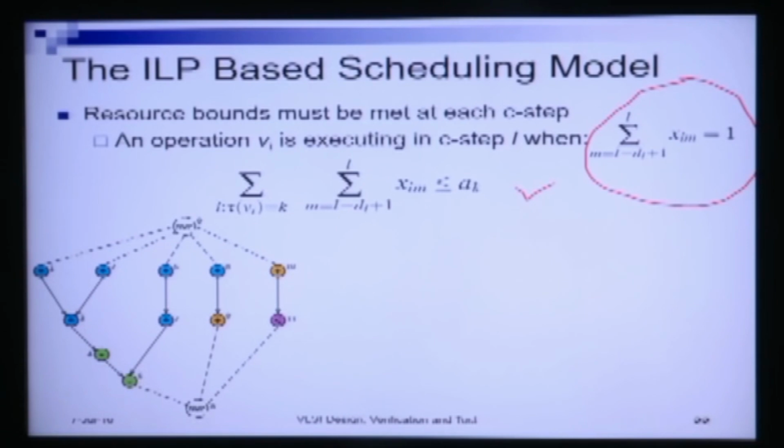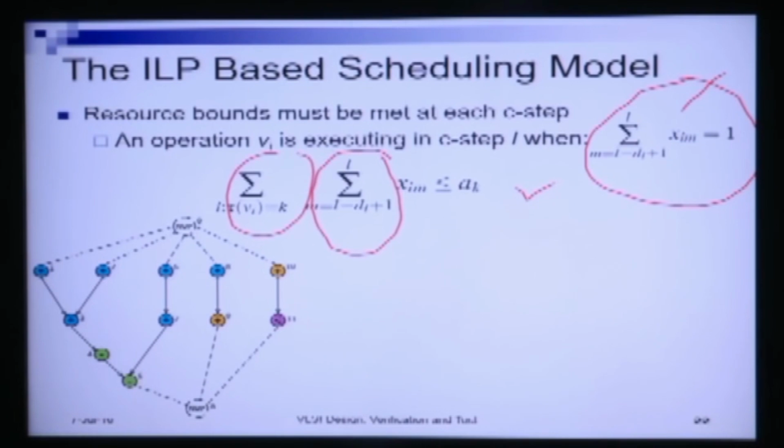And so, herein the term that we defined here becomes important, because this term tells me whether the ith operation is running in the current time step or not. If this summation m equals L minus Di plus 1 to L x im is equal to 1, that means that in the current time step L, the ith operation is still executing on some resource of type K. Now, what does this summation tell me?